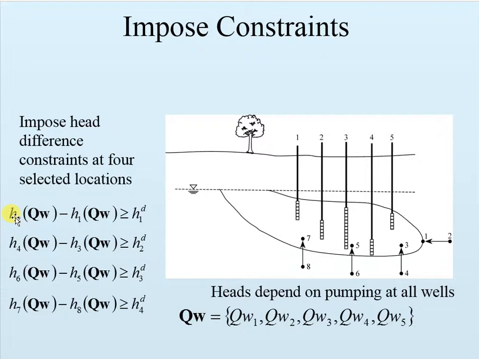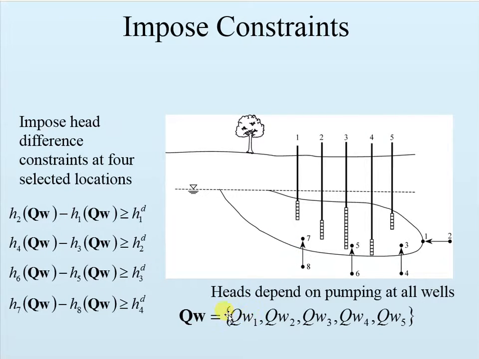So the head at location 2 has to be greater than the head at location 1 by a specified difference, which will induce a flow generally from location 2 to location 1. And similarly, an upward gradient between pairs 4, 3, 6, 5, and 7, 8, generally upward.